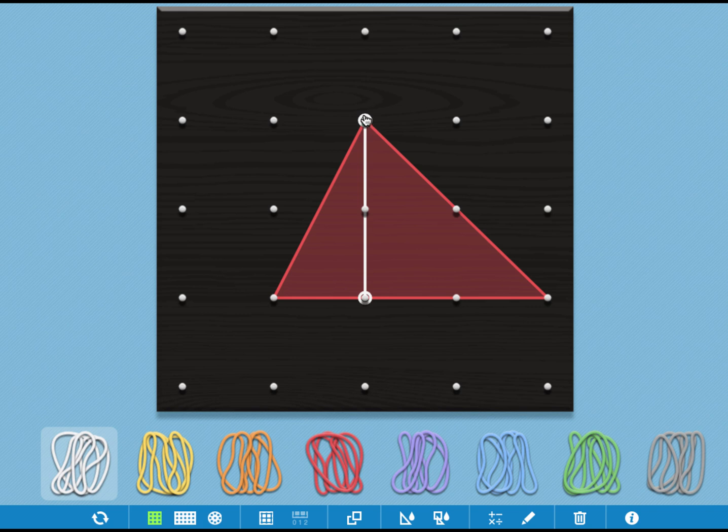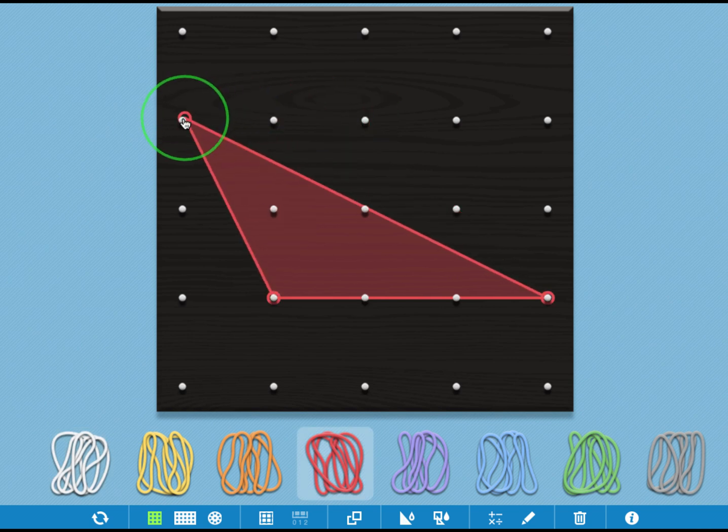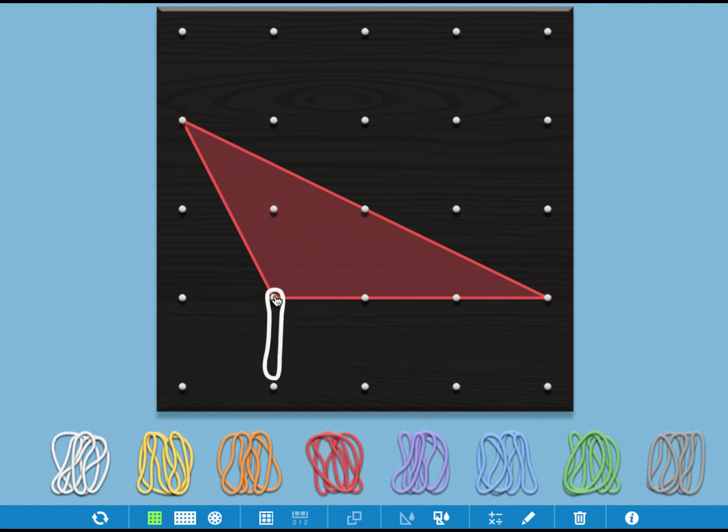So now let's look at what would happen if we had an obtuse angle. Okay, so this is an obtuse angle, and I want to find the height. In this case, I can't use my geoboard to find the height the way I did before, because if I went from here to here, that's not a 90-degree angle.